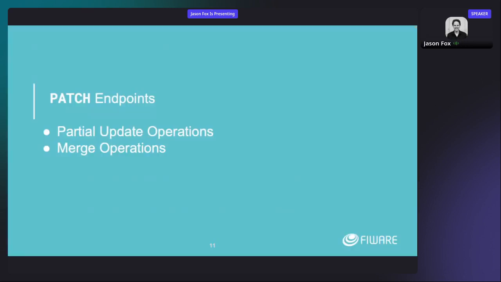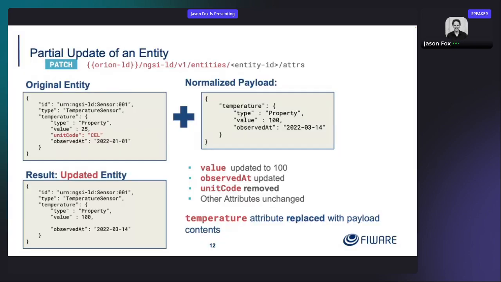Now, going into more detail about how patch works, there are 3 endpoints which offer patch, and they all work slightly differently. So let's look into more detail. Imagine you've got a temperature attribute, with a type property, value 25, unit code Celsius, and an observed at date.